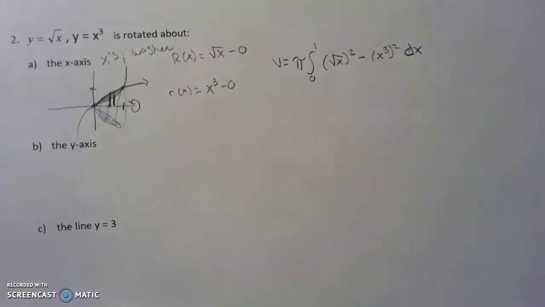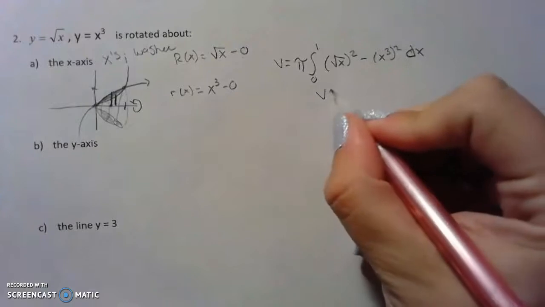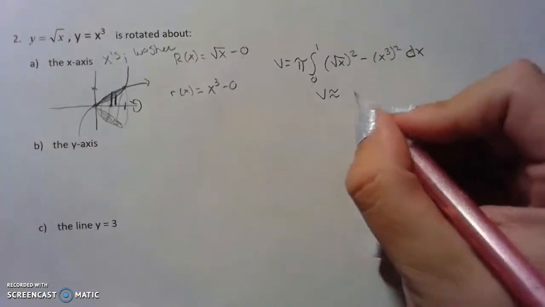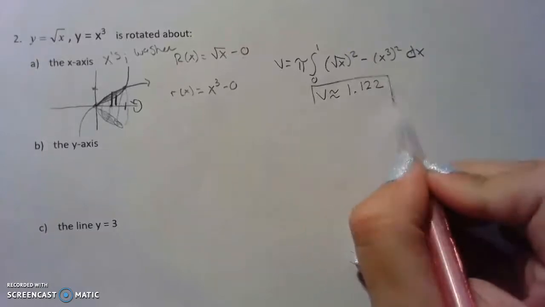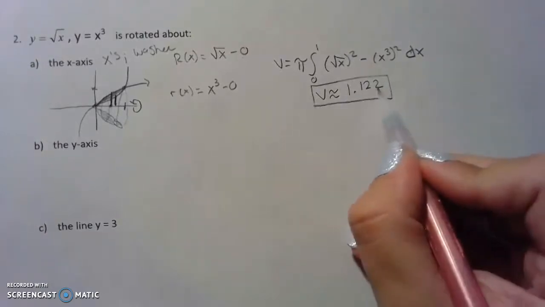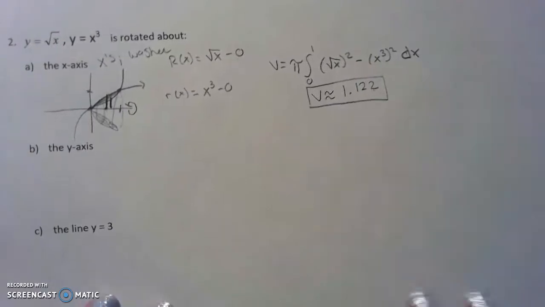So when we type this into our calculator and we're going to round to 3 decimals, we're going to get 1.122. Please make sure you're rounding appropriately. Look at the fourth number to see how that third one rounds.